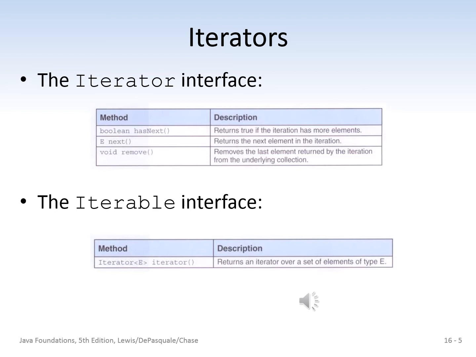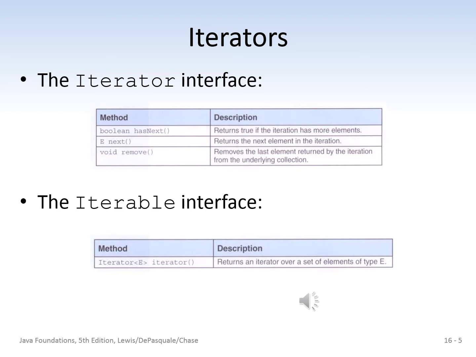So this slide depicts the methods in the iterator interface and the iterable interface. The method hasNext returns a Boolean, very useful in stepping through until we have run out of elements, objects.